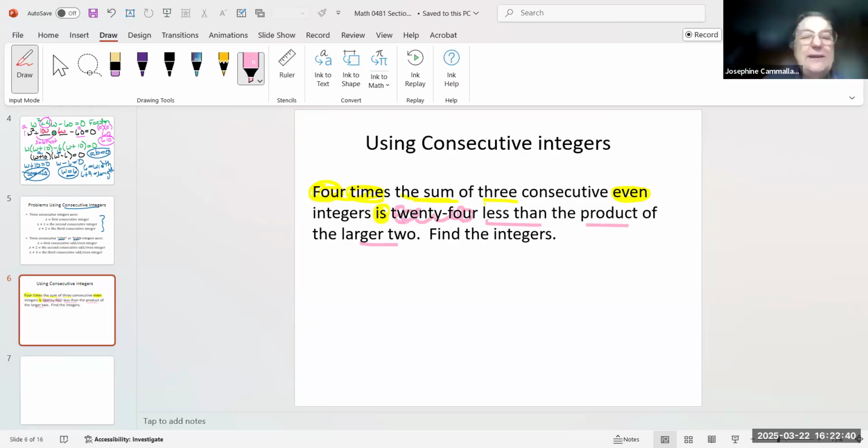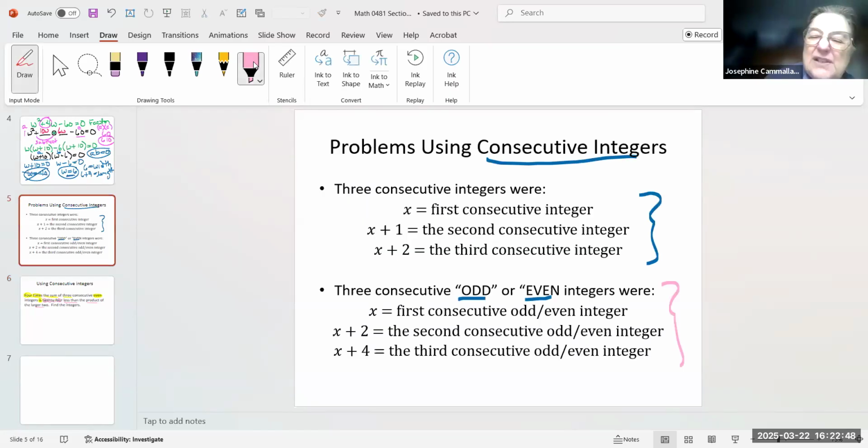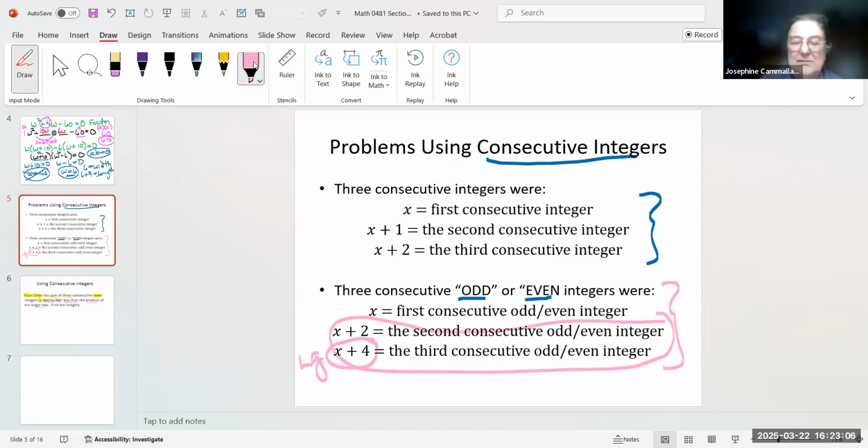Okay, I'm going to go back to a slide for a second. This is what we're looking for. Now, x plus 4 is my larger of the 3. So that means the larger 2 are going to be these 2. X is my smallest one.